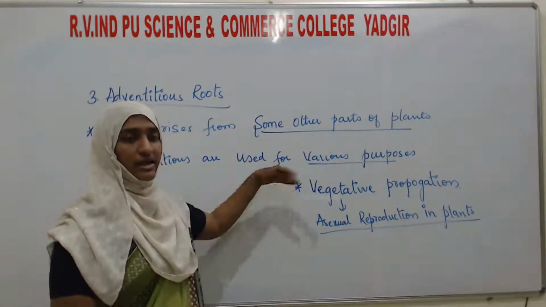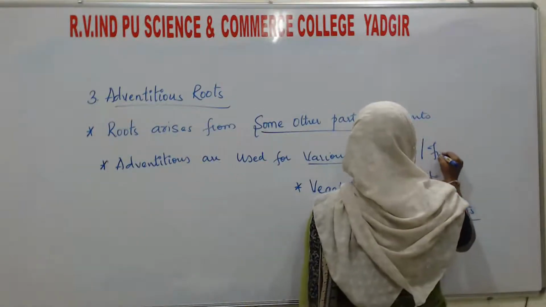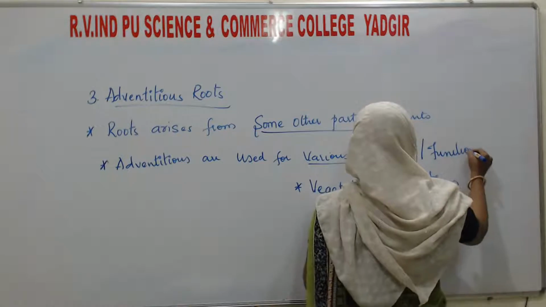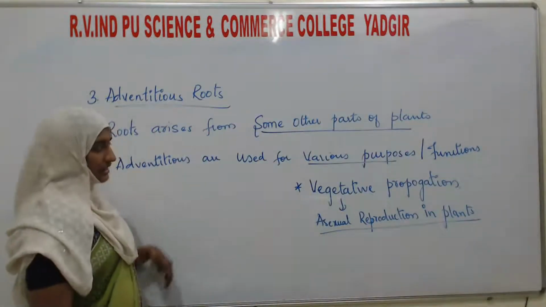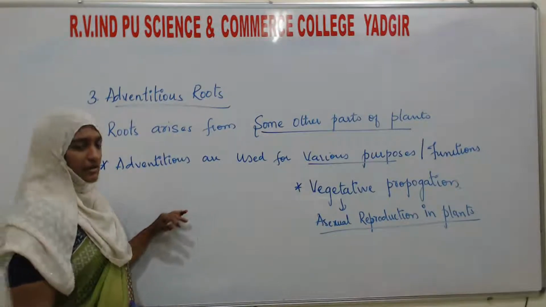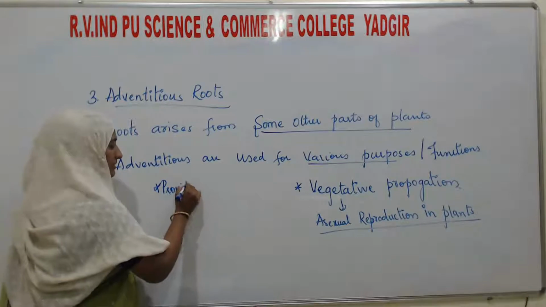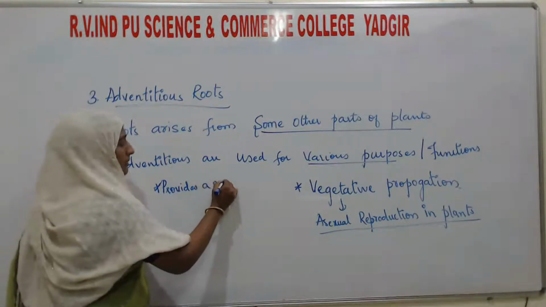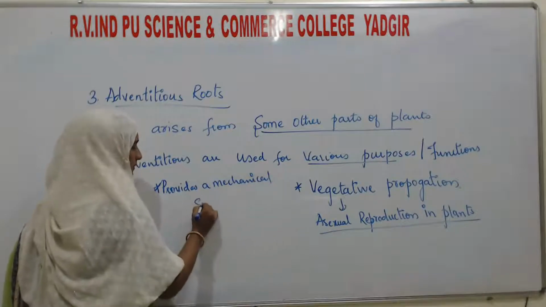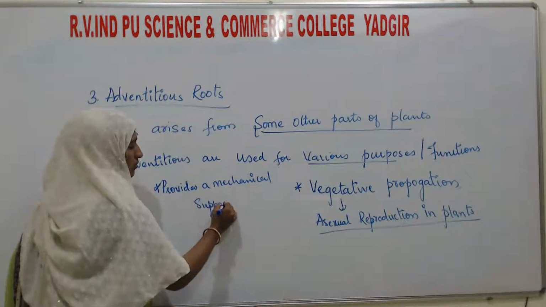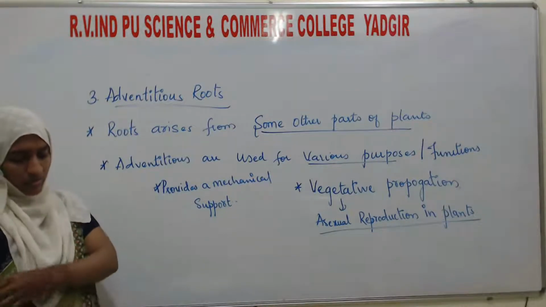Except this, what are the other functions or purposes they are given, or else we can also write it as the functions. What are the other functions? It will provide mechanical support.